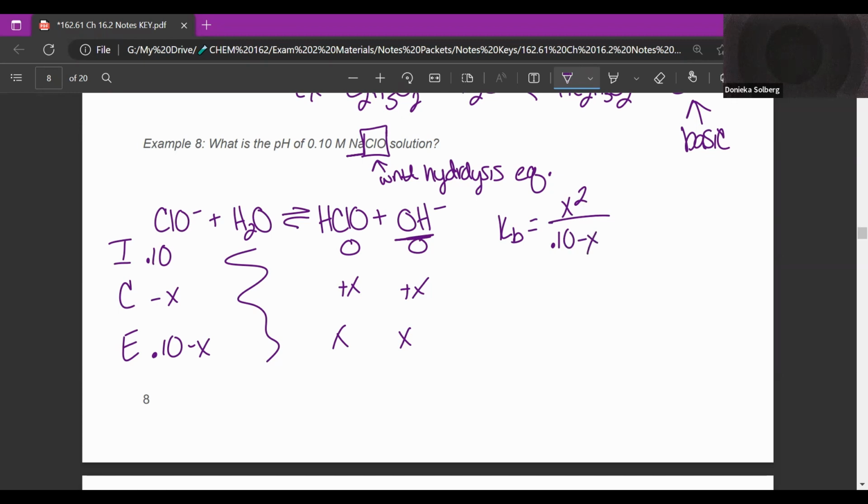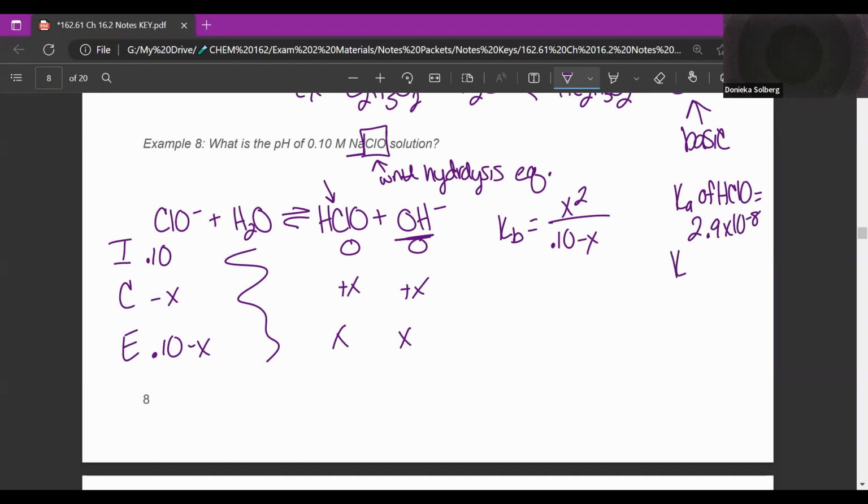Now, do I know the Kb value? Well, no, I don't. I can look up the Ka value of its conjugate, the Ka of HClO, which is 2.9 times 10 to the negative 8.